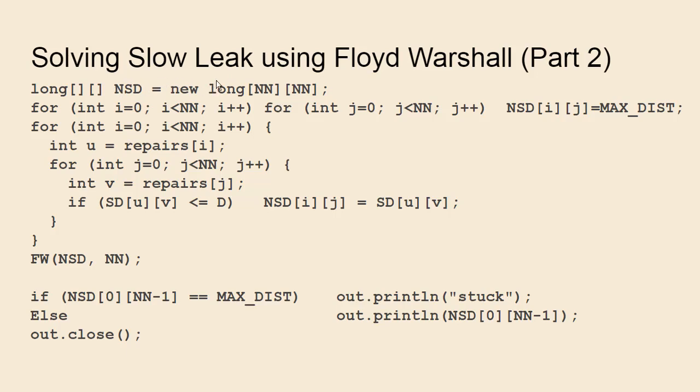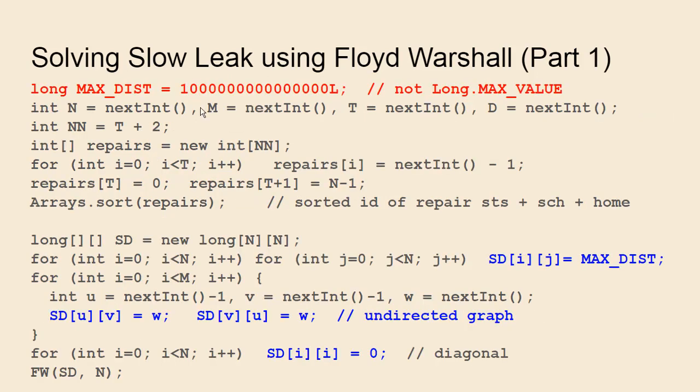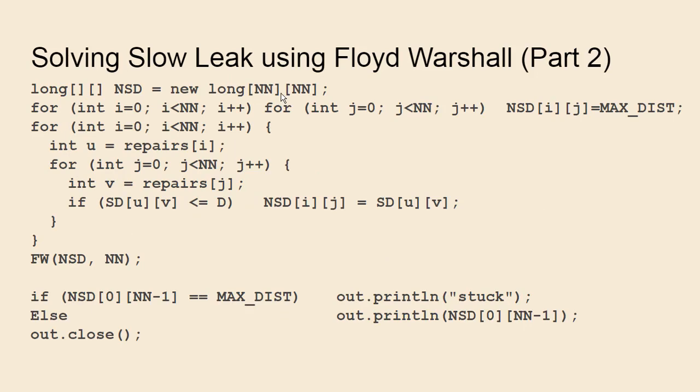So now I will construct a new graph, where the number of nodes is nn, which is t plus 2, the number of repair stations plus 2. I'm basically going to do Floyd-Warshall again, even though at this point what I want is a single source shortest path.